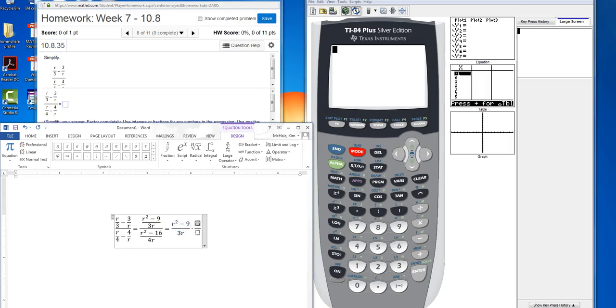And the second one gets flipped because dividing by a number is the same thing as multiplying by its reciprocal. Just like dividing by 2 is the same thing as multiplying by 1/2. I'm using that idea here. So I have 4r over r squared minus 16.